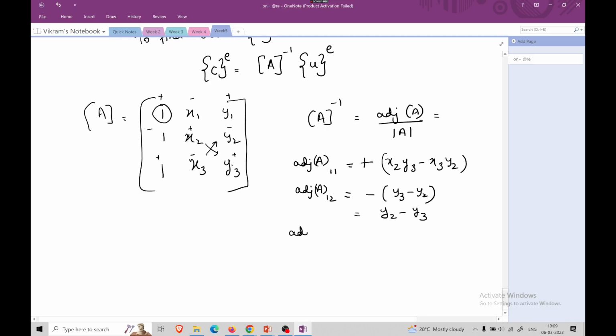So adjoint of 1 3: if I exclude the first row and third column, it is going to be x3 minus x2, which is minus of x2 minus x3.